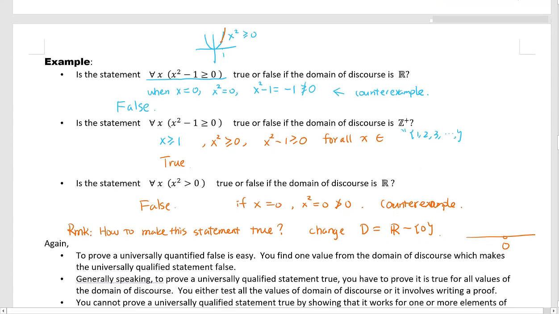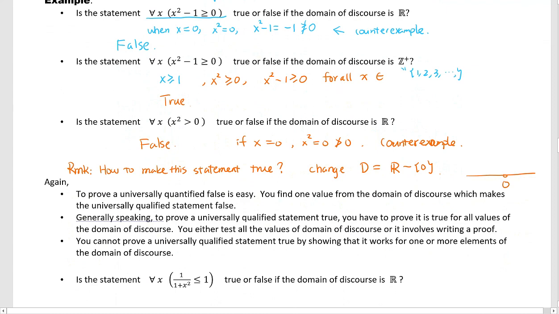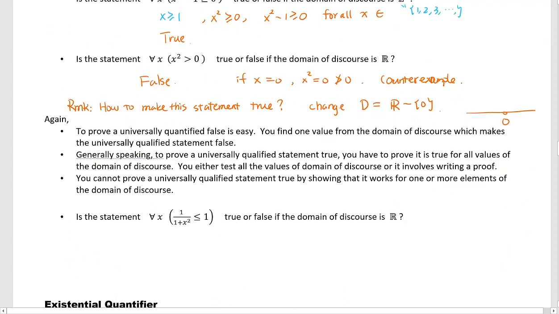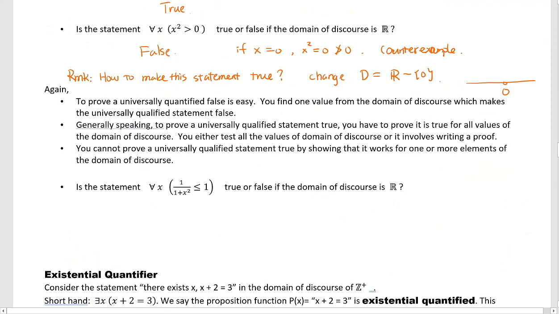Next, let's summarize here. Again, to prove a universally quantified statement false is easy. You just find one value from the domain which makes the universally quantified statement false. Generally speaking, to prove a universally quantified statement true, you have to prove it is true for all values in the domain.